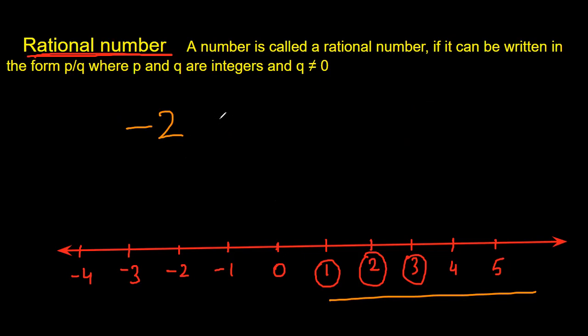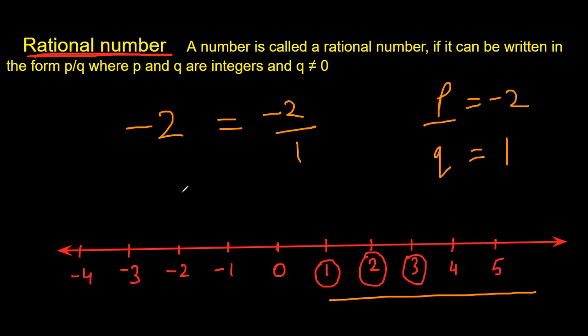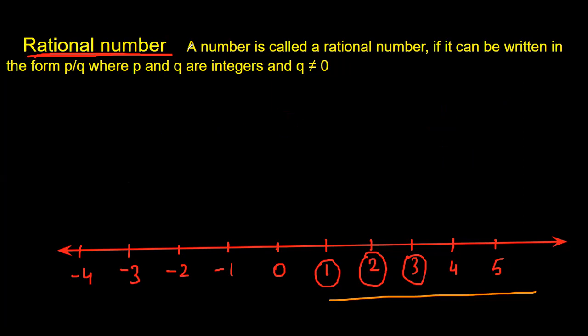Yes, -2 is a rational number because -2 can be written as -2 by 1. And that is also in the form of p by q, where p is -2 and q is 1. So what we can say is that all the integers, whether they are negative, positive, or 0, are also rational numbers.